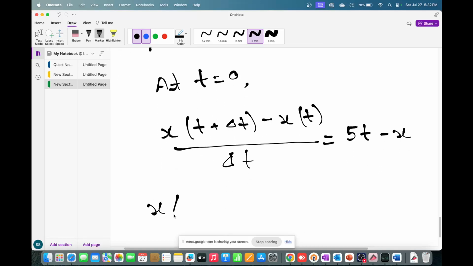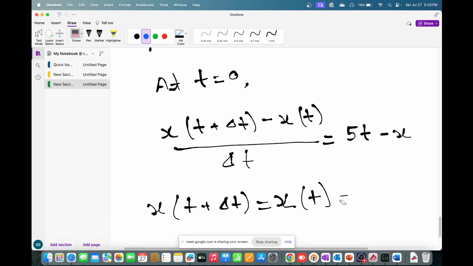So x of t plus delta t becomes, if you rearrange this, x of t goes to the right and multiply delta t to 5 minus x.